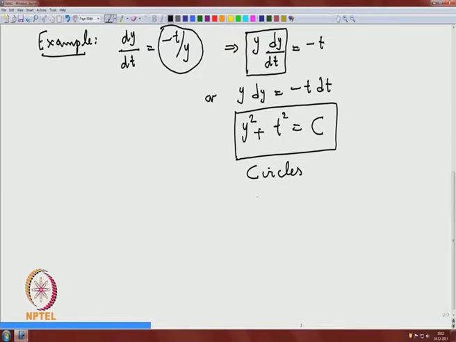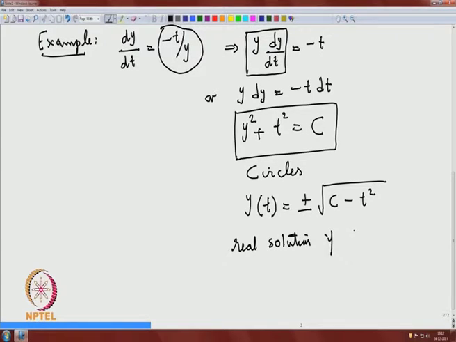If you are trying to solve this equation, it is not possible to solve uniquely. You will have different solutions and you have to understand them. So, y of t, if you write it, will be square root of plus or minus c minus t square, and if you want a real solution, then t square has to be less than or equal to c. So, 0 less than or equal to t square less than or equal to c.